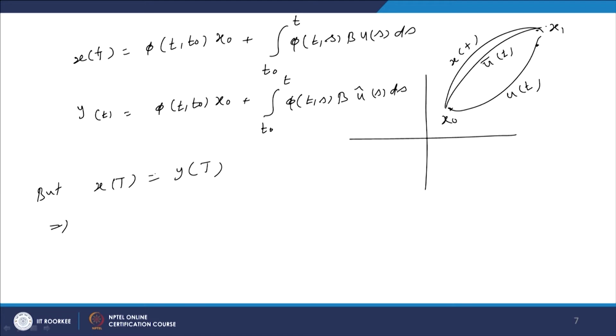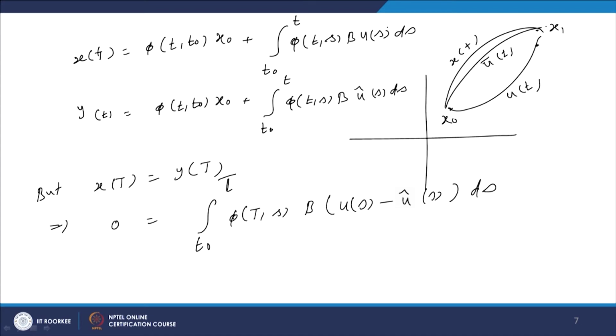So, when we substitute capital T in place of small t in all the places and subtract the equations, we will get 0 equal to the integral from t0 to capital T of phi of T s B times u s minus u cap s ds, because the only difference is the u and u cap. So, we will get this expression.